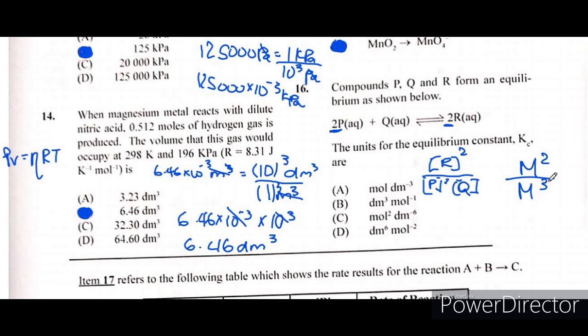This and this leaves molar, so we're left with 1 over M, which if we expand is 1 over mole per dm cube, which is ultimately dm cube per mole. So the answer for 16 is B.